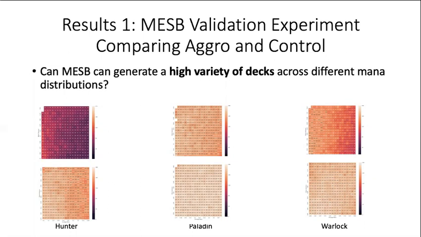And so we see that the aggro hunter is terrible, and that's at the end. You can see that the aggro paladin is pretty good, but darker than the control paladin. And the aggro warlock is good, but darker than the aggro paladin. And you can see this is the lightest one, indicating that it had the highest fitness.